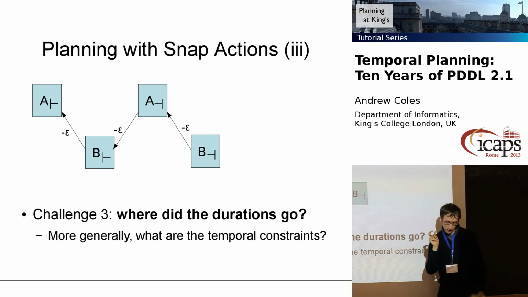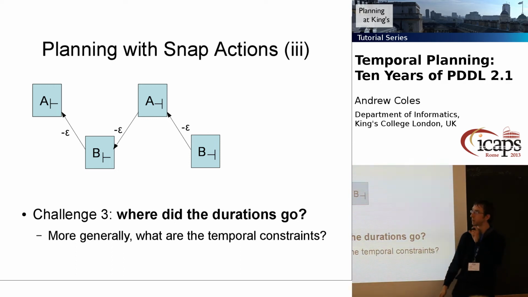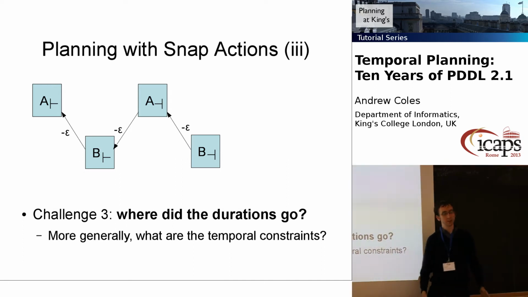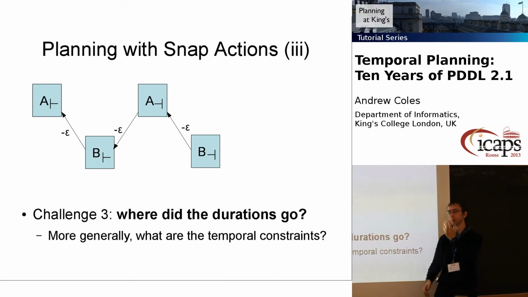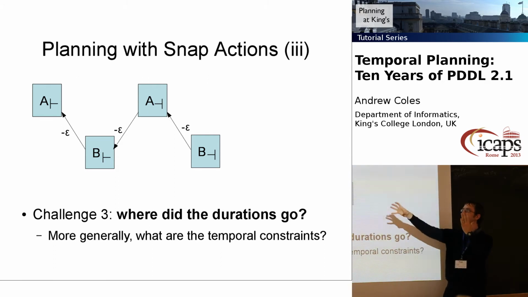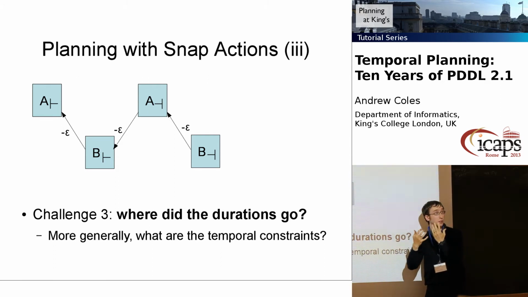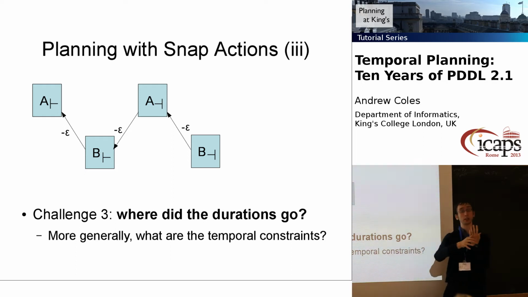Well, we have this slightly fiddly thing, which is the bane of my life in the PDDL semantics called epsilon, which insists that after you apply some action, its effects do not become available to be used, for instance, to satisfy the precondition of the next action, for time epsilon.